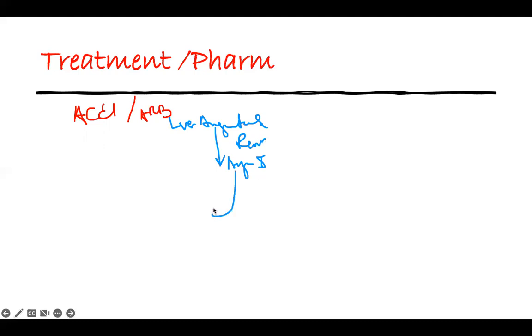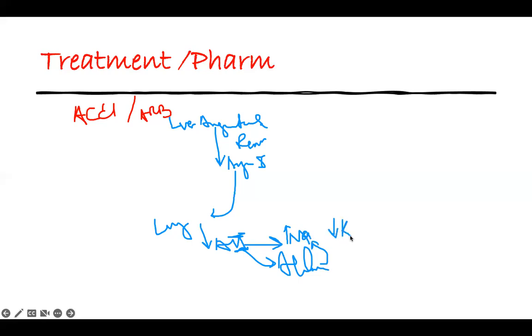Then angiotensin 1 goes to the lung and gets converted into angiotensin 2. And this angiotensin 2 goes to the kidney to reabsorb sodium. So it causes aldosterone, and it's the aldosterone that increases sodium and decreases potassium.